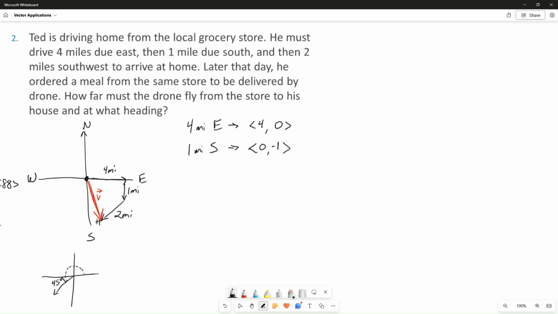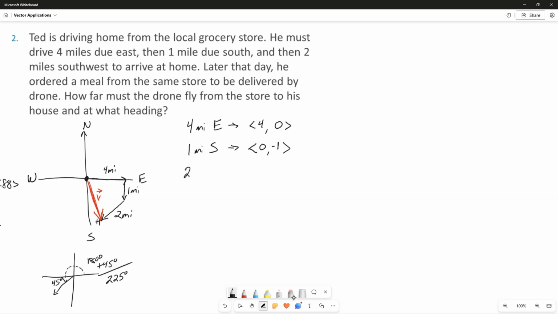So that's 180 degrees to go from the x-axis through the 1st and 2nd quadrants, plus an extra 45 degrees into the 3rd quadrant. And so 180 plus 45 is going to be 225 degrees.